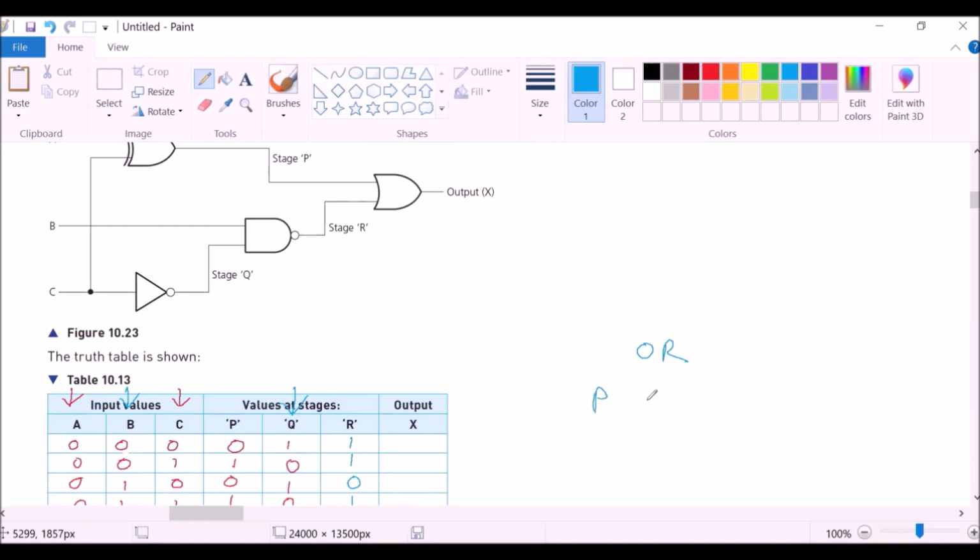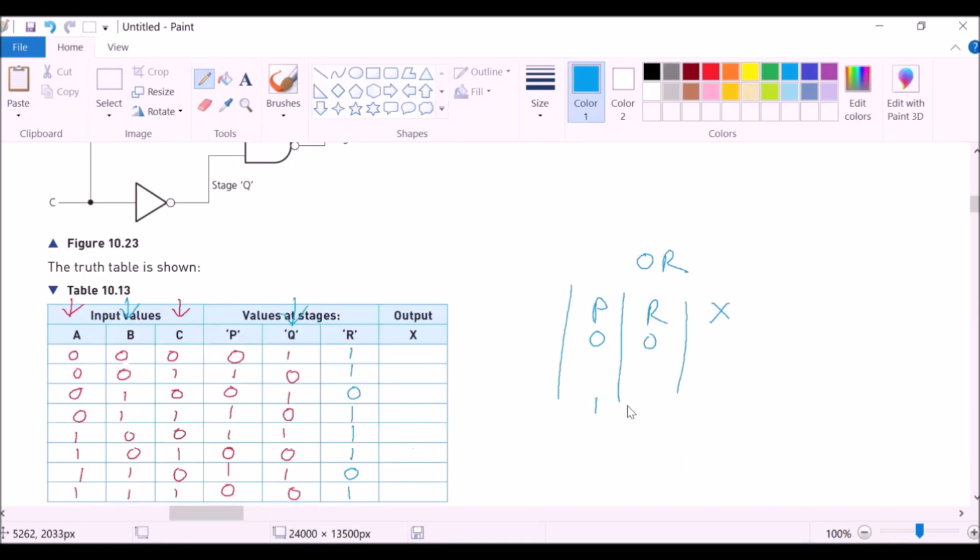Now, for the final output X, we take the truth table of the OR gate, and our inputs are P and R. The output is X. So P and R can take values from 0, 0 to 1, 1.